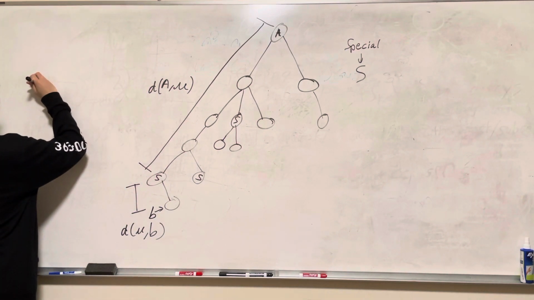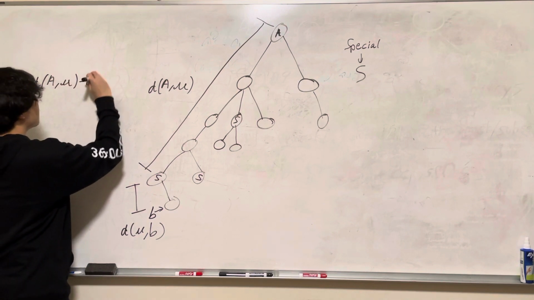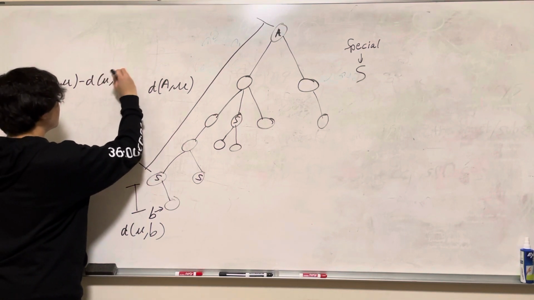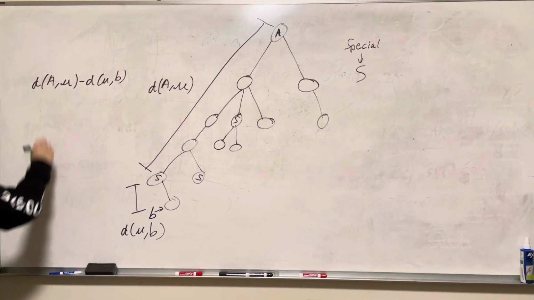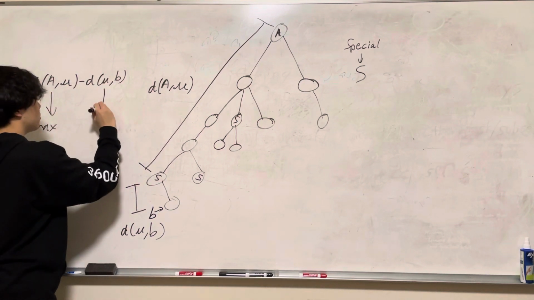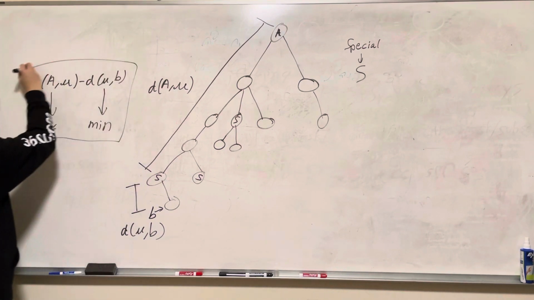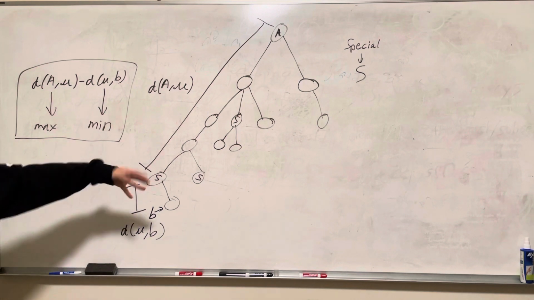In other words, if we want to maximize this quantity, then we need to maximize this term, and we need to minimize this term. And this is the way we can get the best possible answer for a query on B.